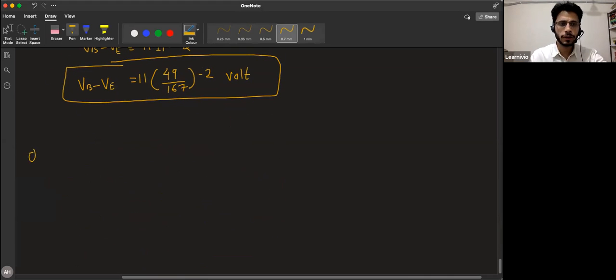So in the last question, we calculated current, voltage, power, and potential difference between any two arbitrary points. Next, we can calculate equivalent resistance also using this Kirchhoff law.